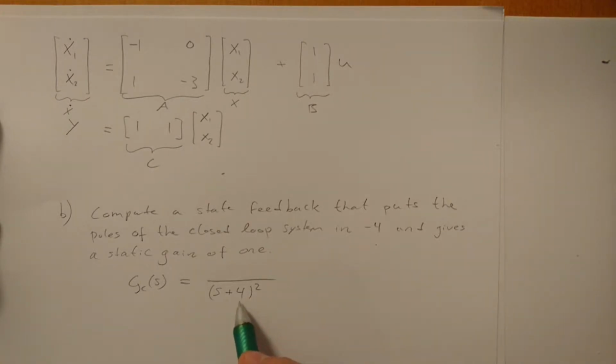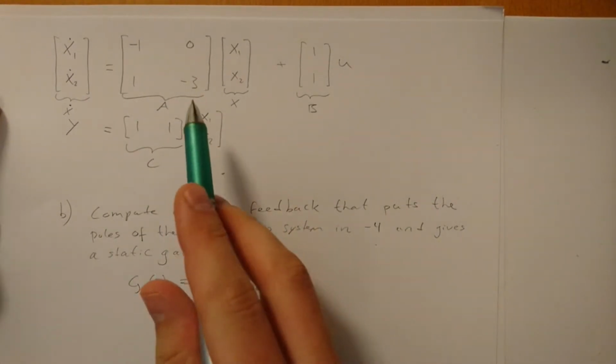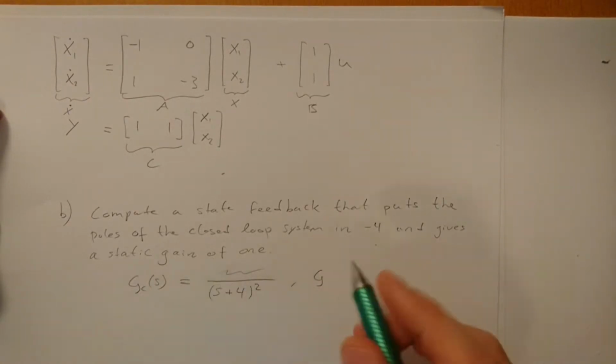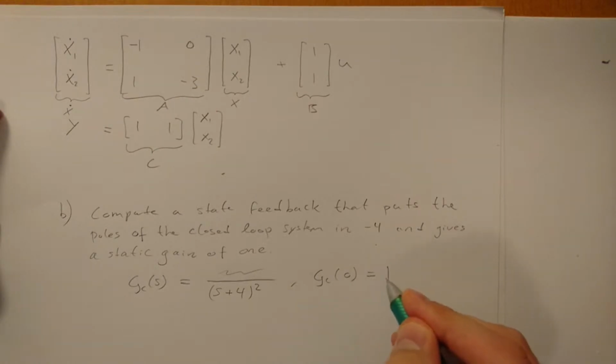That will be the pole polynomial, since now we have two poles in -4. And then we'll have something up here in the numerator that is determined by the system matrices that we have in this state space model. And then static gain of 1 means that GC of 0 should be equal to 1, like that.